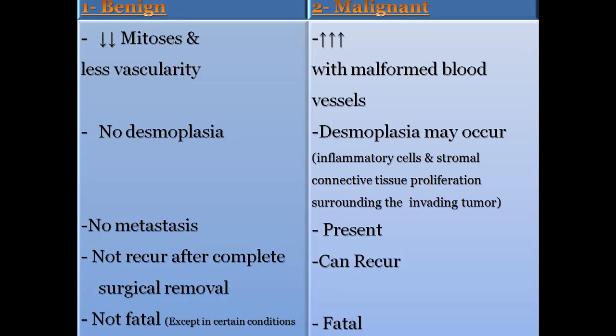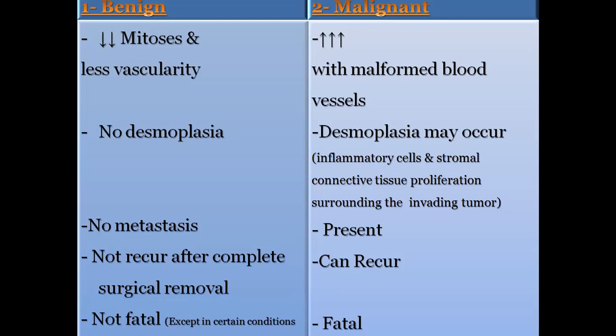While in malignant tumors, there is a tissue reaction between the malignant cells. This reaction is formed of inflammatory cells and stromal cell proliferation. So the stroma proliferates and deposits collagen, dense fibrous tissue between the malignant cells.